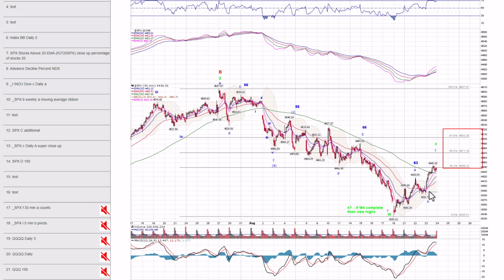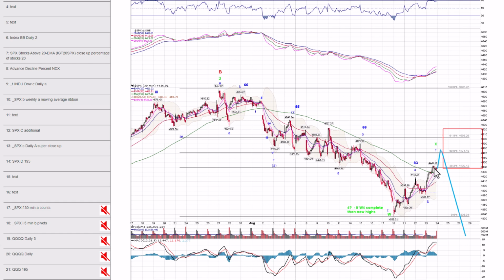Little A, B. Again, like I said, if this is an ABC type pattern, remember they can take many forms. So it's possible you just complete C here and you go right down.